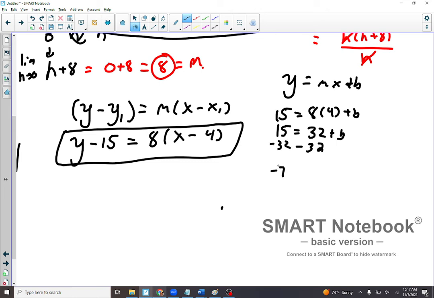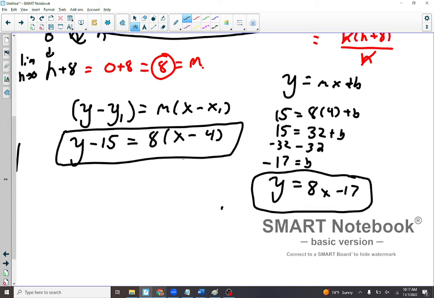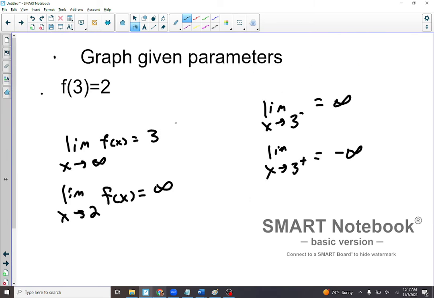Negative 17 equals b. And then you could write your equation, y equals 8x minus 17. I recommend doing the left because it takes less work. You just plug it in and finish. If you're more comfortable with the right side, that's perfectly fine.